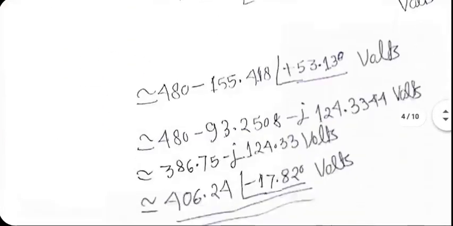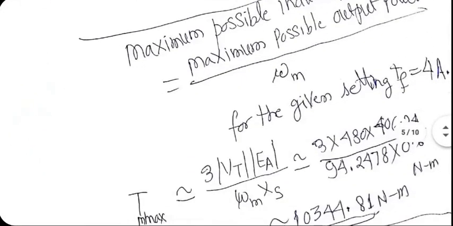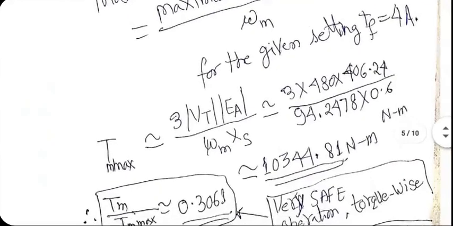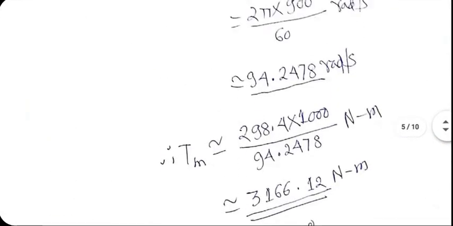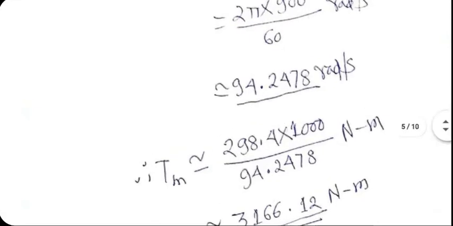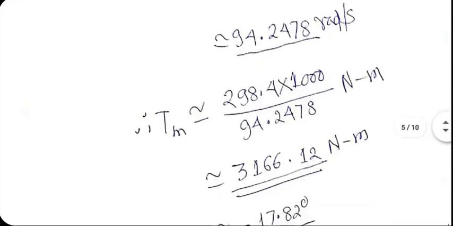So we use that. We had got, I think, this value, 298.4 kilowatt as the output power. So divide that by omega m to get the torque in Newton meter. The value turns out to be quite high, 3166.12 Newton meter.